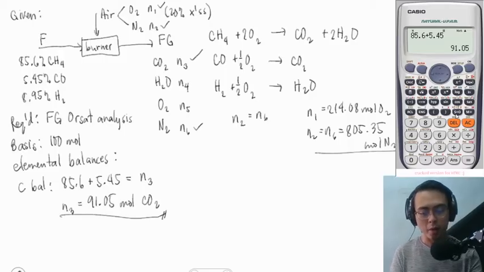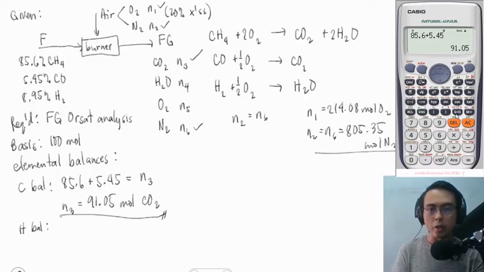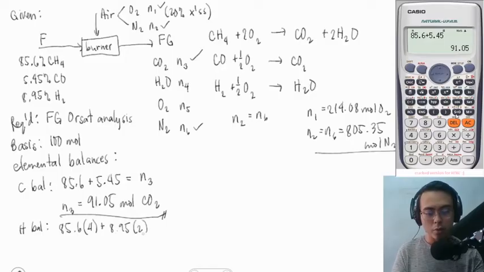Next, hydrogen balance. What is our hydrogen balance? So in the feed, we have methane, that's 85.6 times 4, plus hydrogen, 8.95 times 2, equals, in your flue gas, you have water, that's 2 and 4.